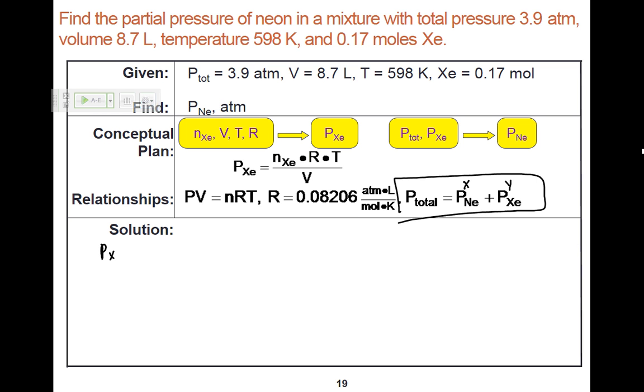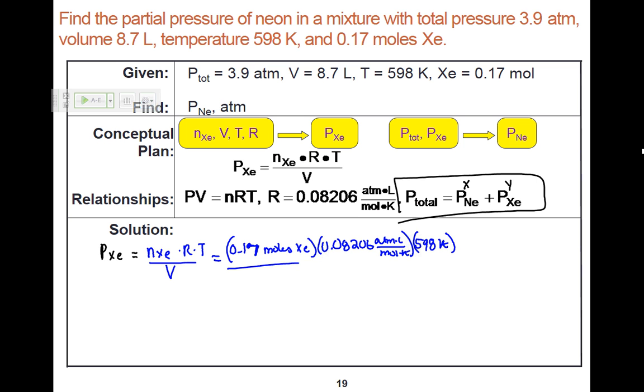So our pressure of xenon is going to be equal to our moles of xenon, which we were given, times R times T over V. And we have T, we have V, and of course we have R, we always have R. So 0.17 moles of xenon times R times our temperature, of course, and that's in Kelvin already, so we don't have to do a conversion, divided by our volume, which is in liters already, so we don't have to do a conversion.